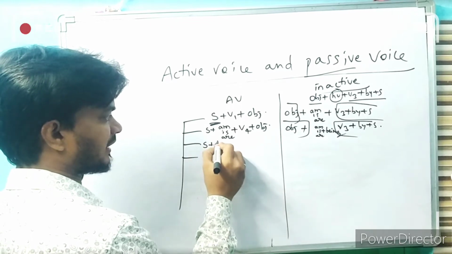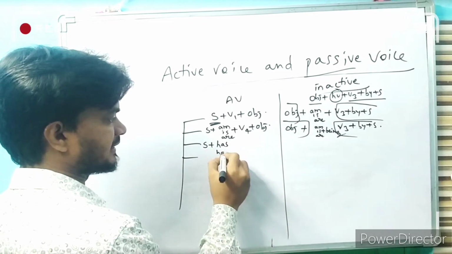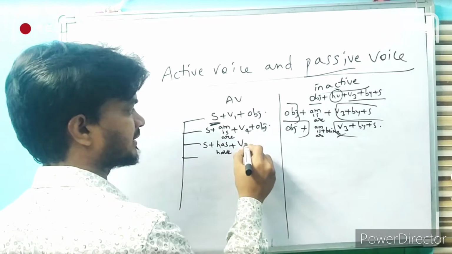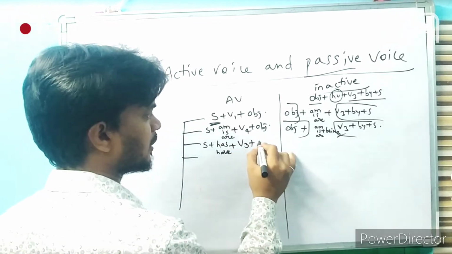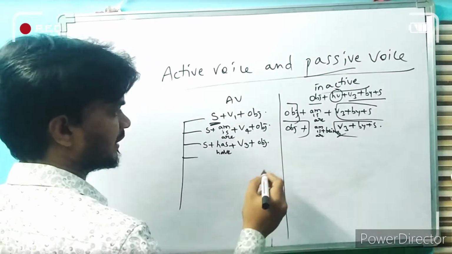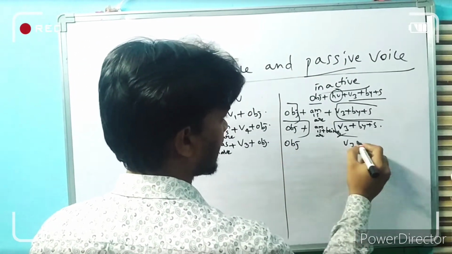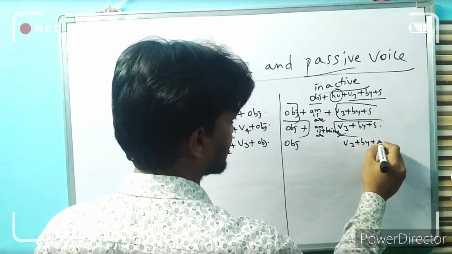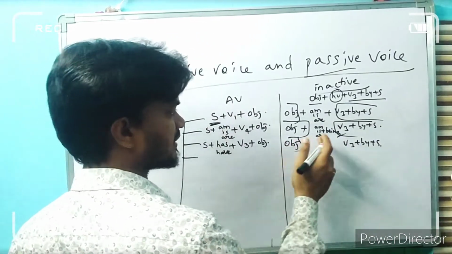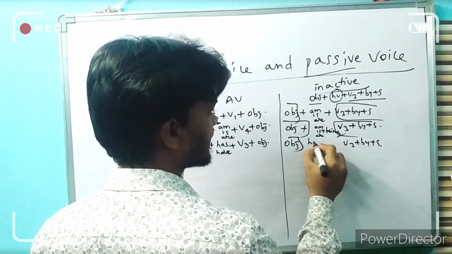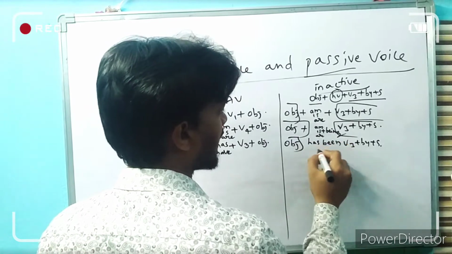If it is present perfect tense, the active voice structure is subject plus has, have plus main verb third form and finally object. If it is passive voice, as I said, the basic form is object at the beginning, V3 plus by plus subject at the end. So the only difference is at the helping verb part, that is has been, have been.